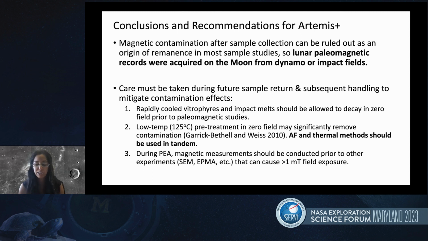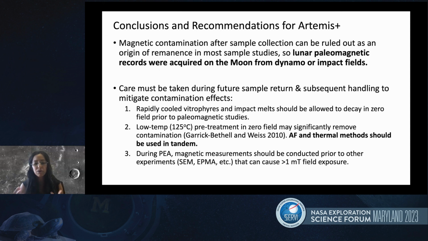The second recommendation is a little more paleomag-niche-y, but we find that low temperature pretreatment in a zero field, heating it to about 125 degrees C, may significantly remove viscous contamination based on the magnetic properties of iron nickel. And so in an ideal scenario, we would use room temperature and partial thermal methods in tandem with each other to make sure that we're really getting a true lunar record.